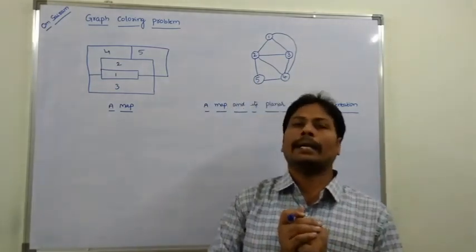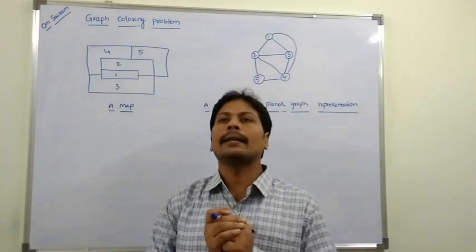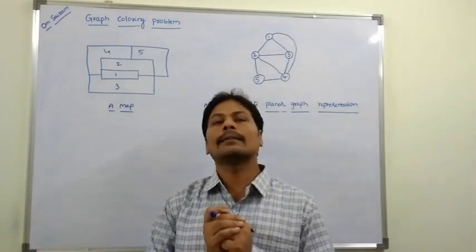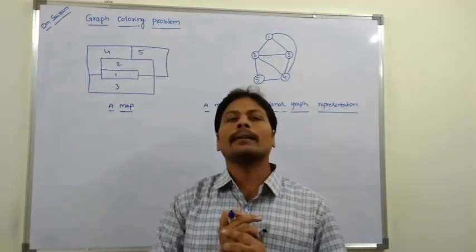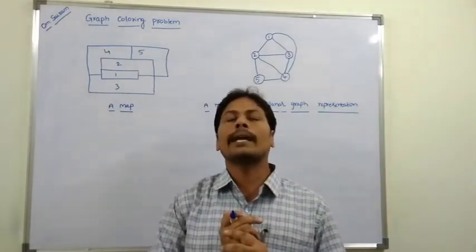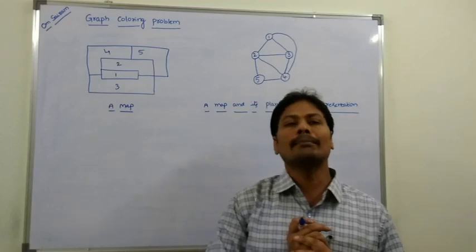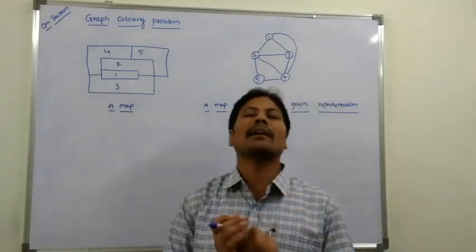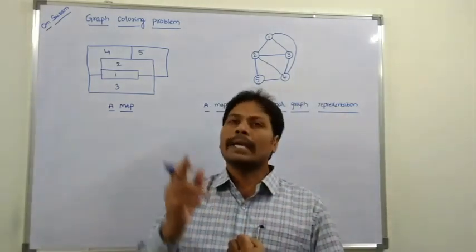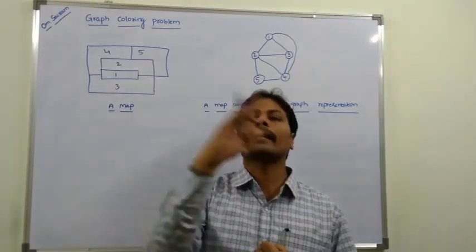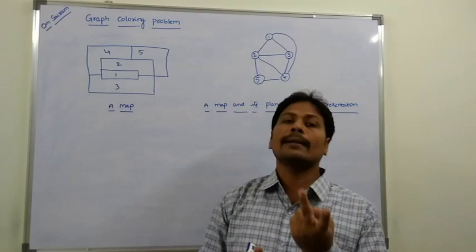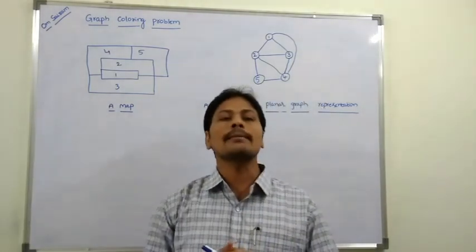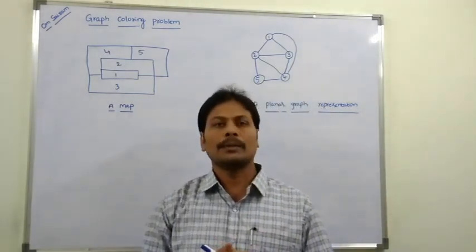Suppose we take the country India, and suppose there are 25 states in India. These 25 states are represented using some number of colors. We can see the India country map. Any 2 adjacent states do not use the same color.